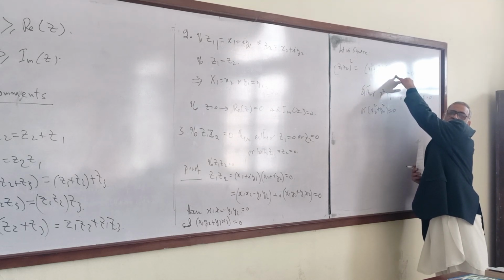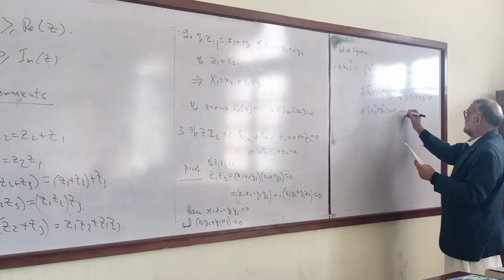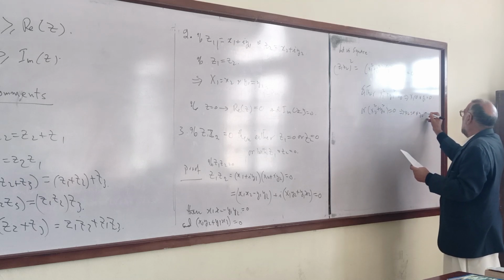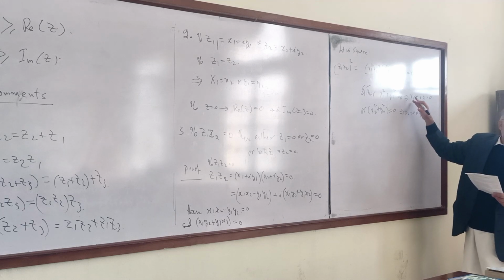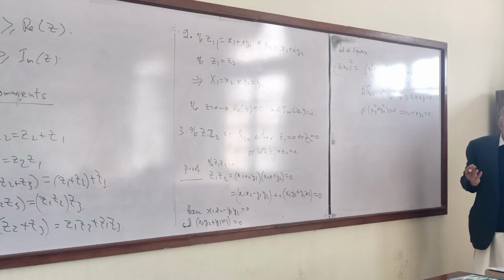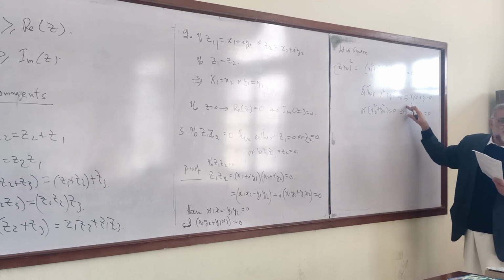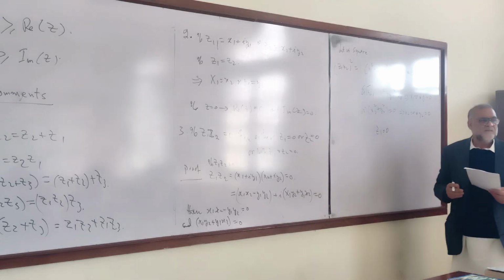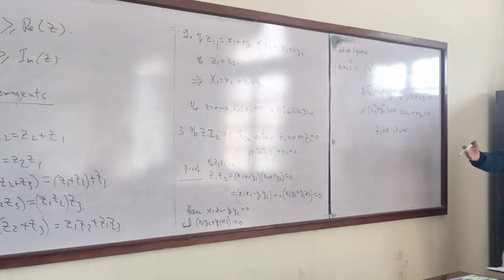This means that x2 equals 0 and y2 equals 0. If x1 and y1 are 0, it means Z1 equals 0. If x2 and y2 are 0, it means Z2 equals 0. So this proves that either Z1 equals 0 or Z2 equals 0, or both are equal to 0.